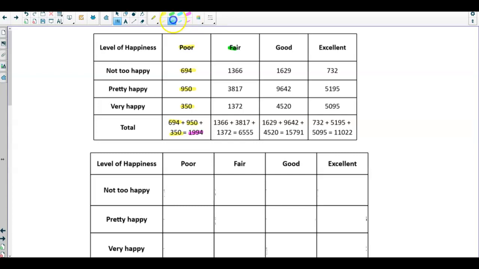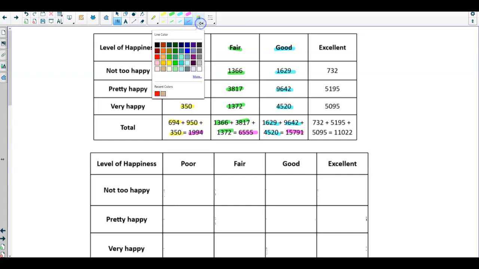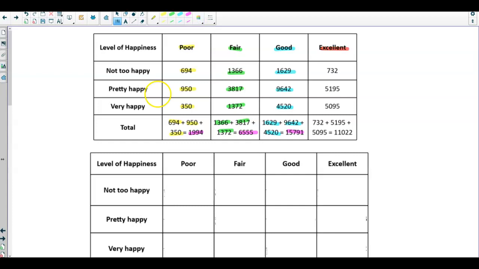Then for fair, we add 1366, 3817, and 1372, which gives a total of 6555. For good, we add those three numbers in the column and get 15791. And for excellent, we add 732, 5195, and 5095, which gives a total of 11,022.